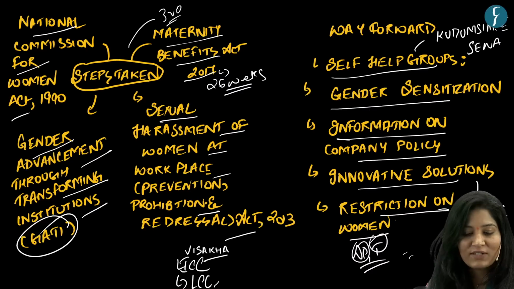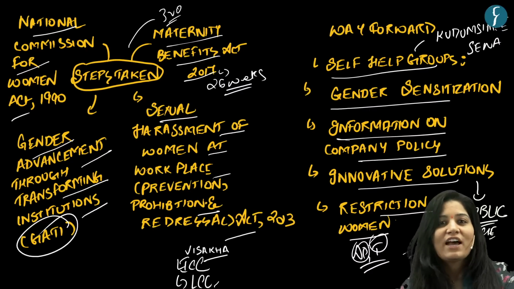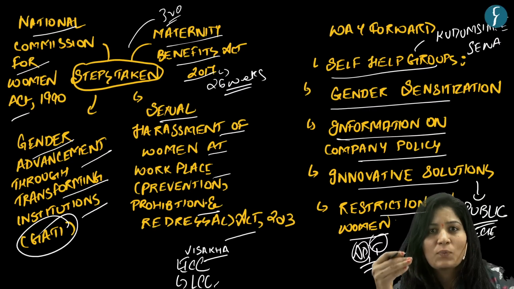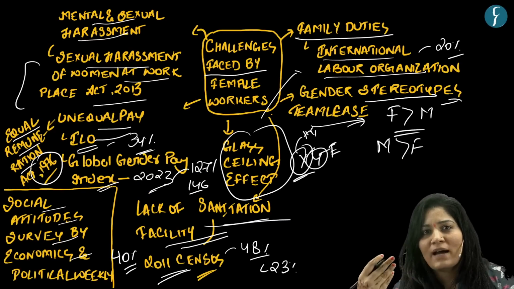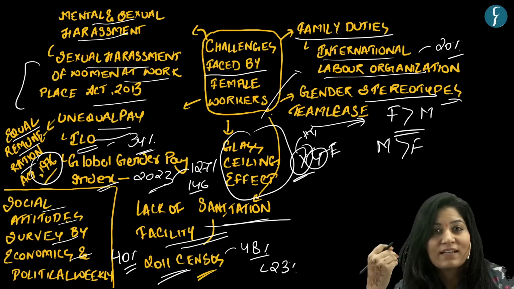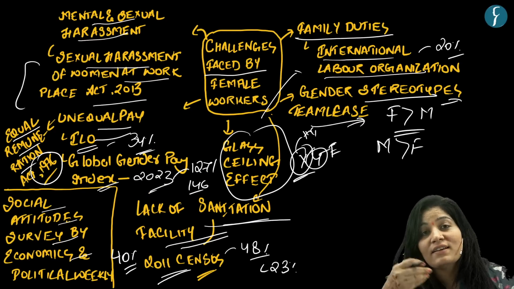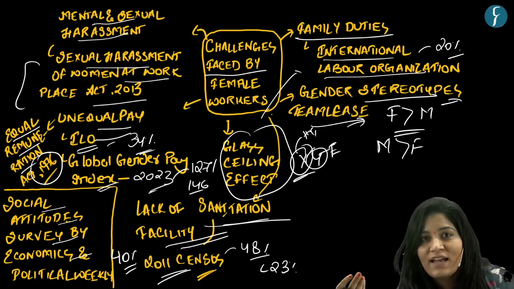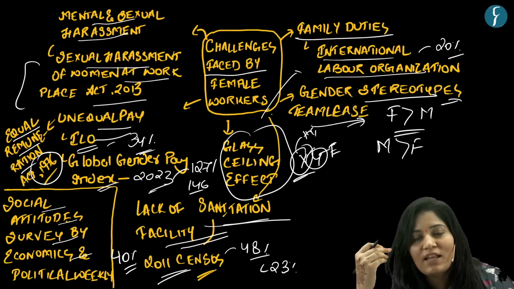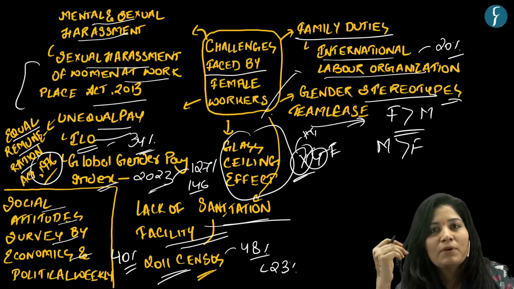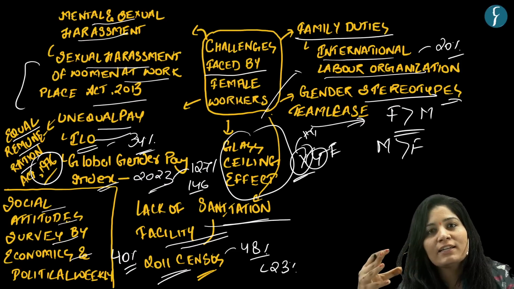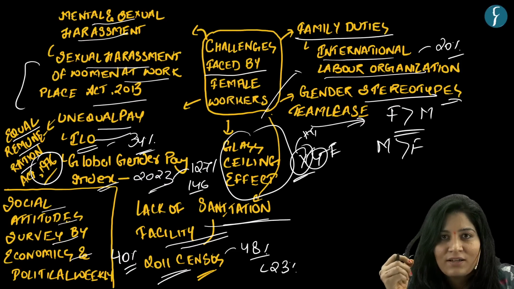Okay. So now, in this article, we have covered the causes of the problem with respect to gender participation, then the steps taken by the government and the way forward. Now, women's participation is not only for gender equality.